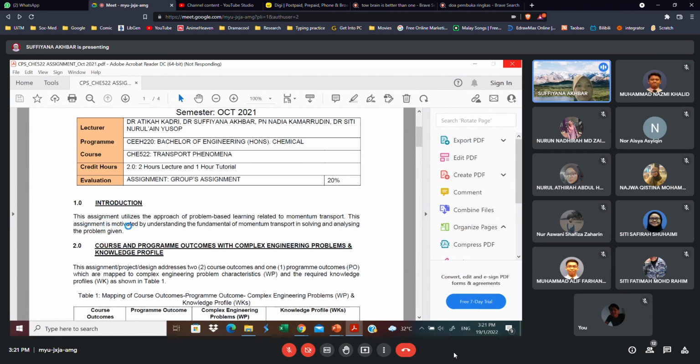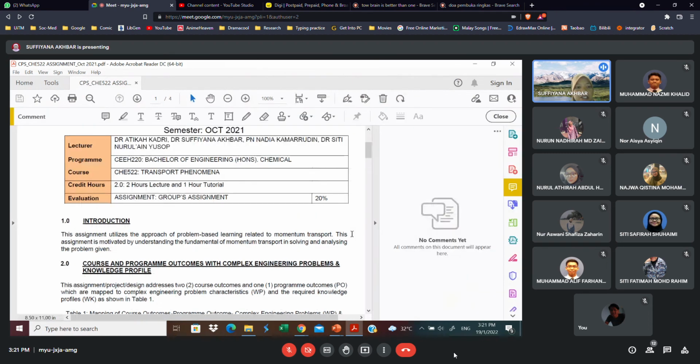So this assignment utilize the approach of problem-based learning related to momentum transport. So this assignment is motivated by understanding the fundamental of momentum transport in solving and analyzing the problem given. Therefore, dia dah clear cut kat sini, dia bagi tahu you assignment ni berkaitan dengan momentum. Okay, means that you boleh fokus lah momentum punya chapter.